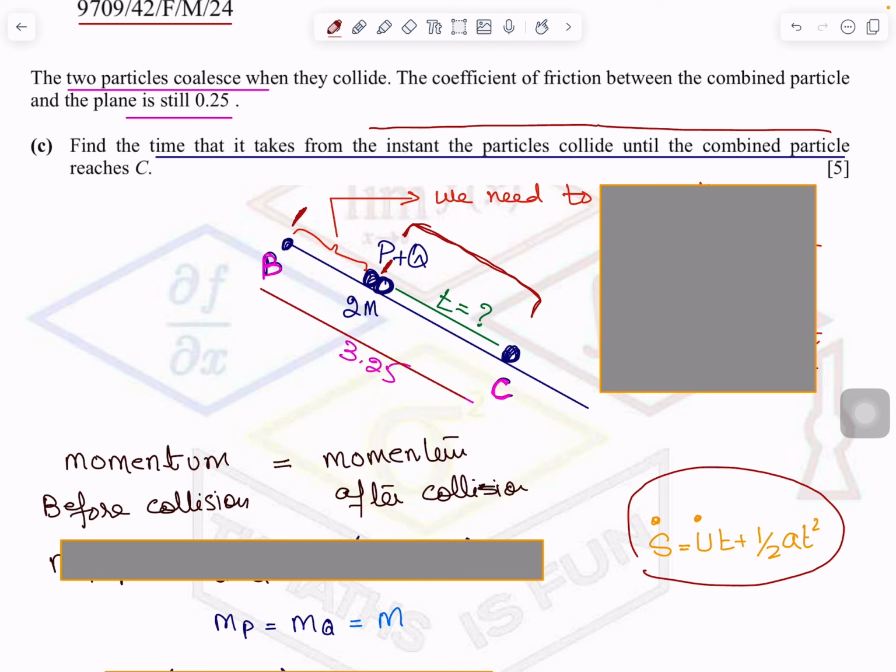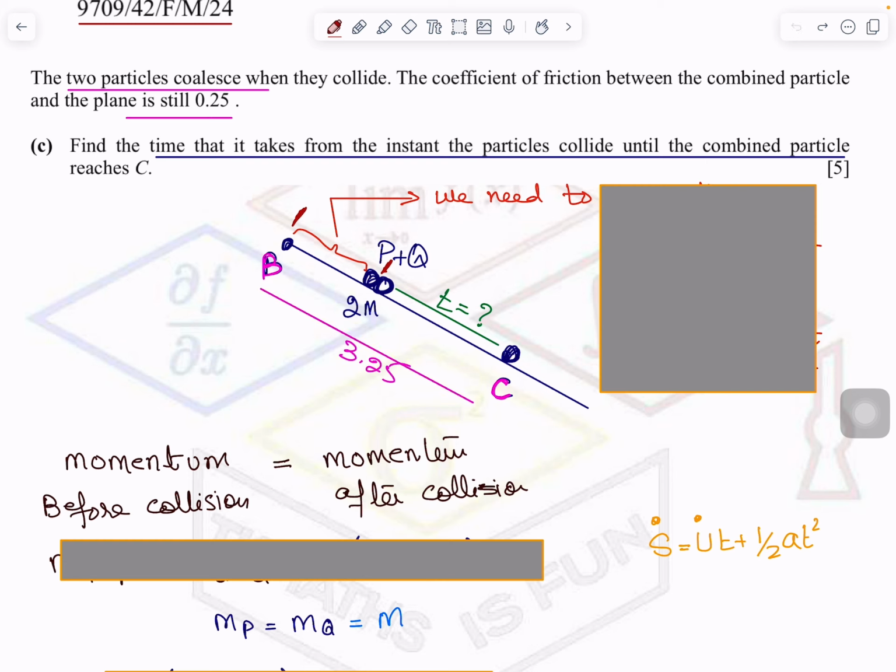But the thing is, do I know S? It means, do I know this distance? And U is the velocity of P and Q together when they were moving onward as a combined particle. What is that? So this is what we have to find out. So now let's go in the reverse order.